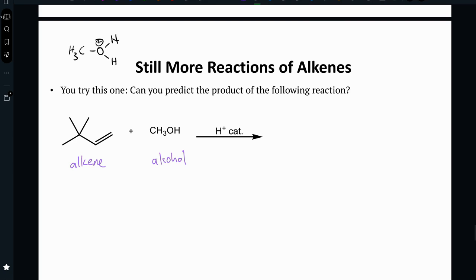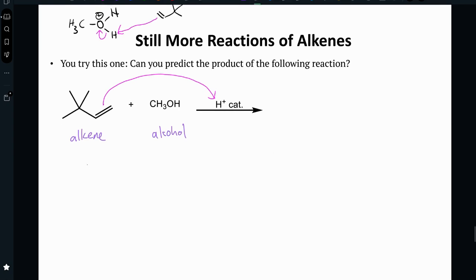But as a shorthand, since we're just using H plus, my first step is going to be for my alkene to go attack the H plus. Alternatively, I could draw that first step as my alkene going to attack the H plus bonded to methanol. Either way is going to be okay.